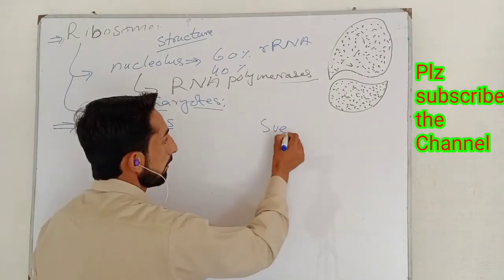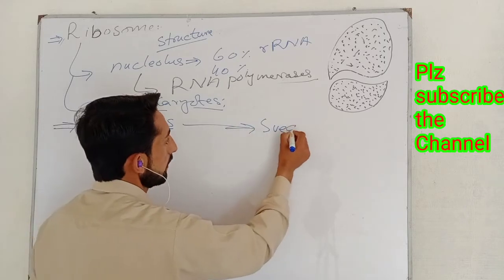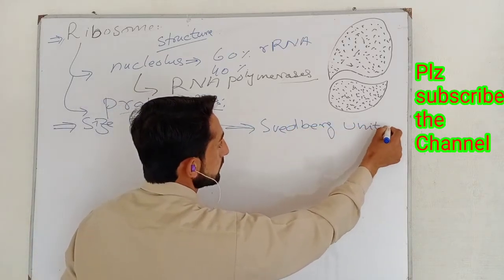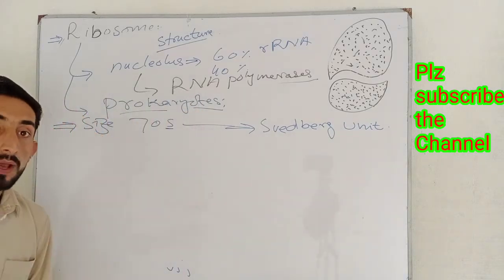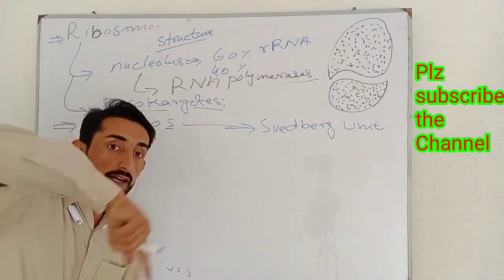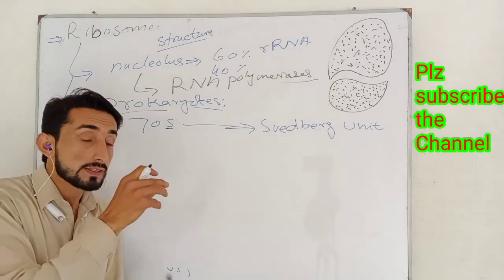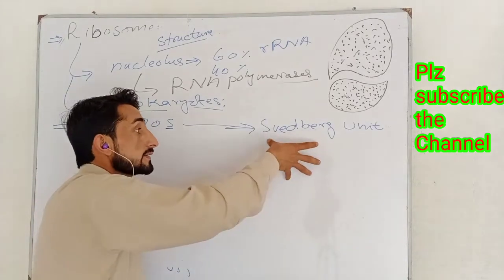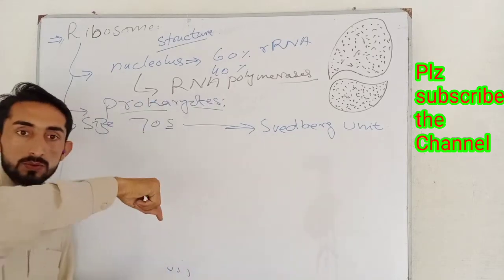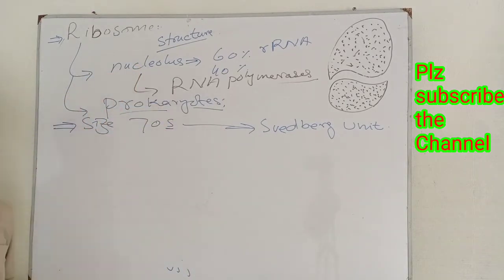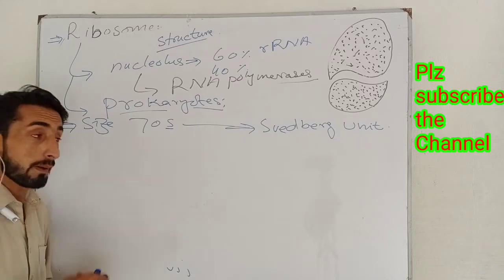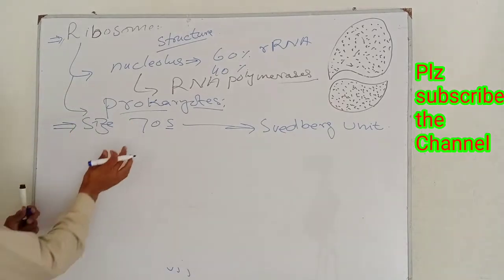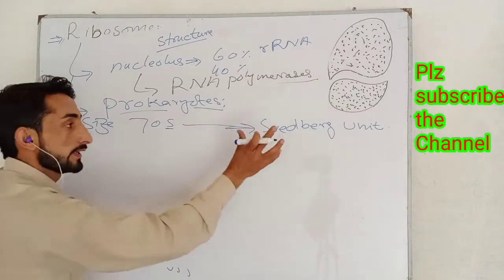We see it in the centrifuge machine, and by the size and shape we can recognize prokaryotic ribosomes. This is the unit by size and shape.